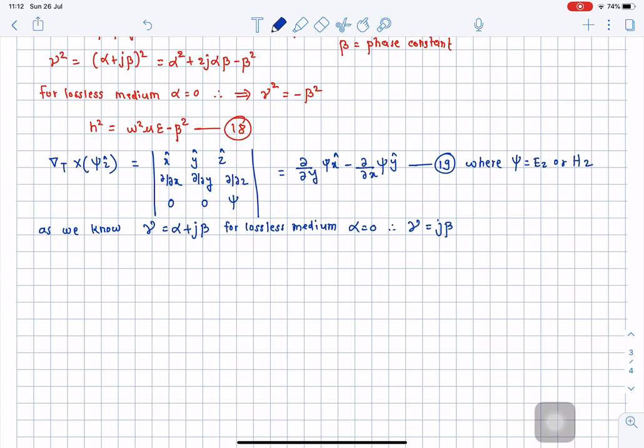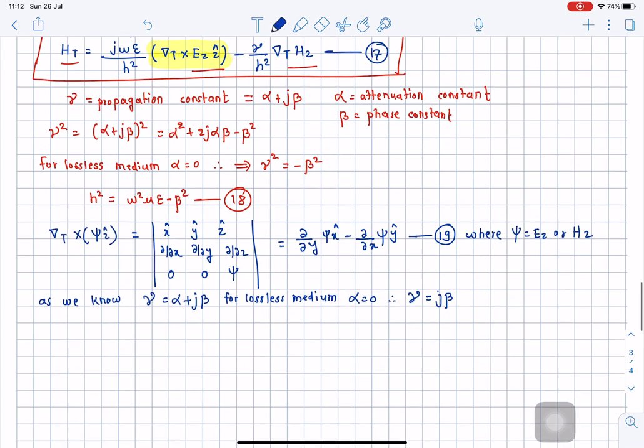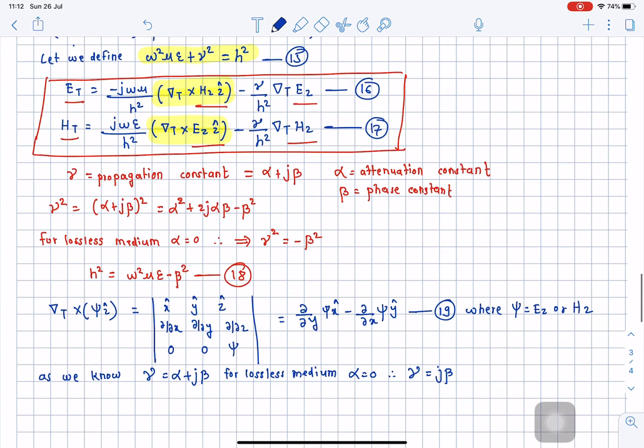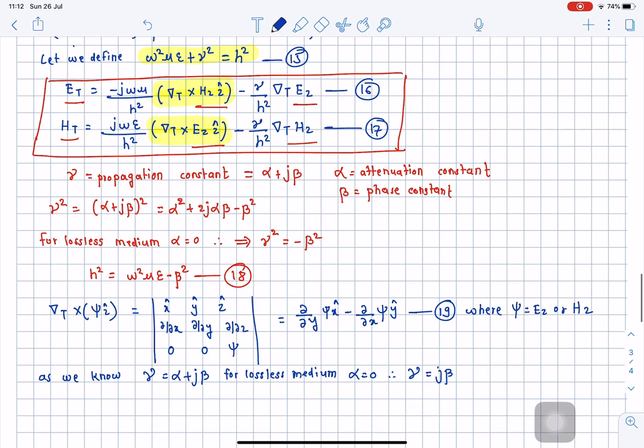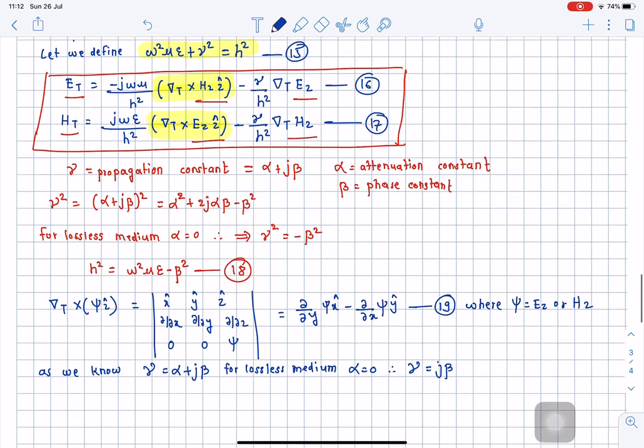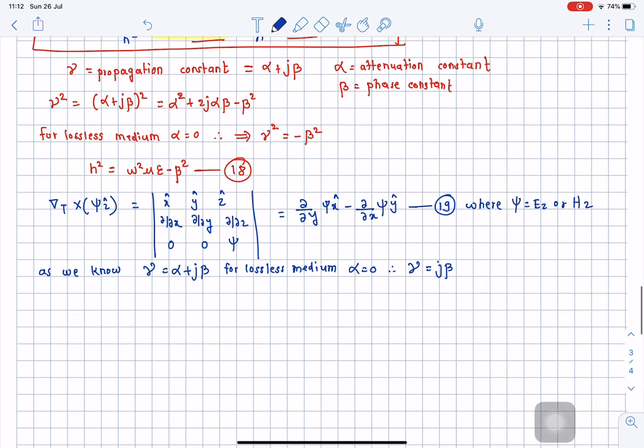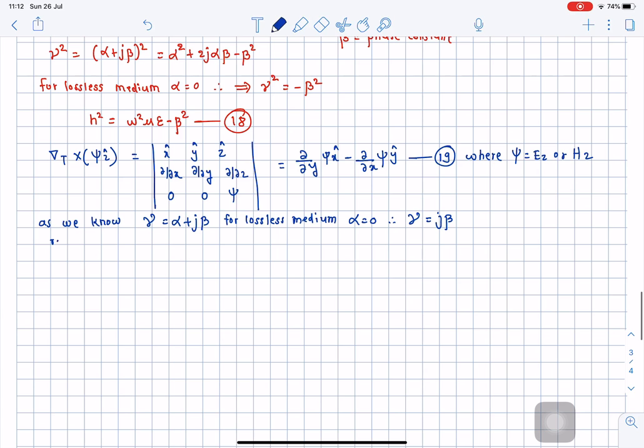So we replace gamma with j beta in equation 16. Equation 16 is above over here.